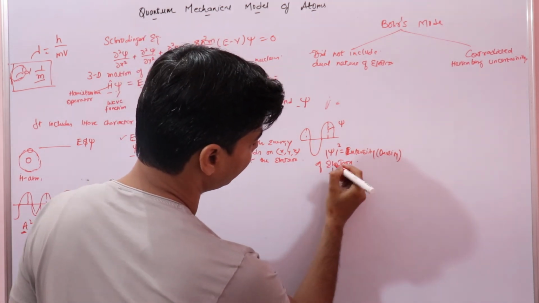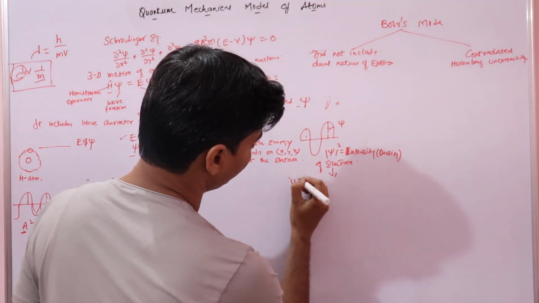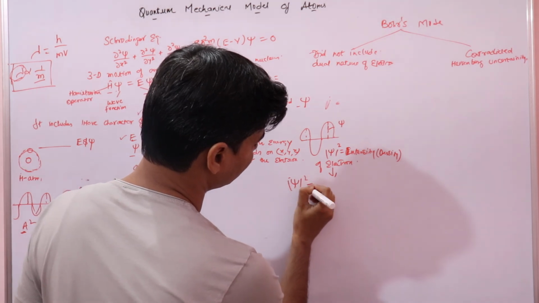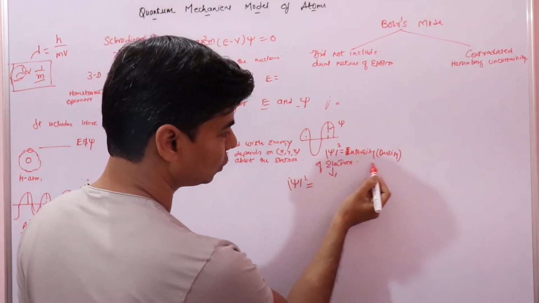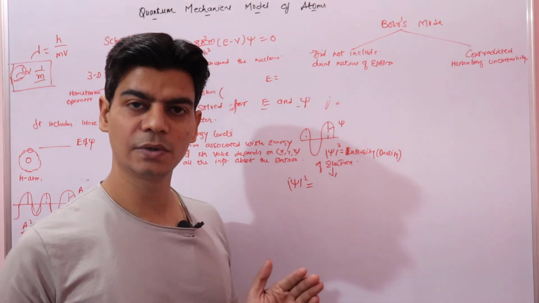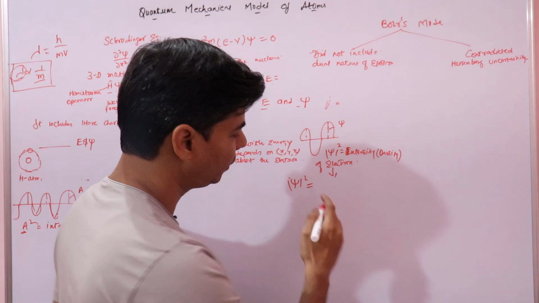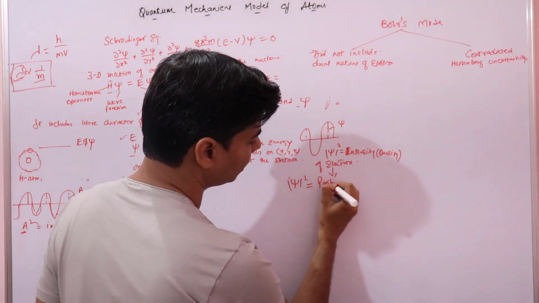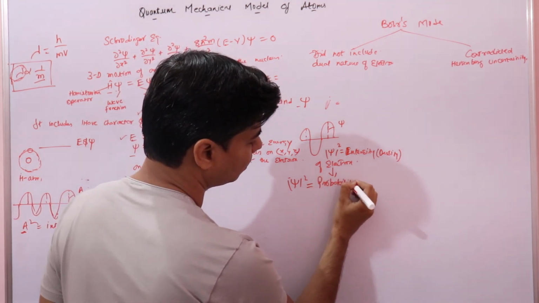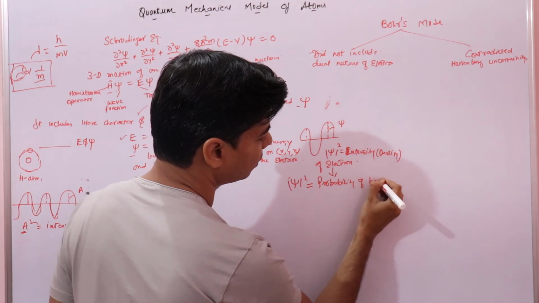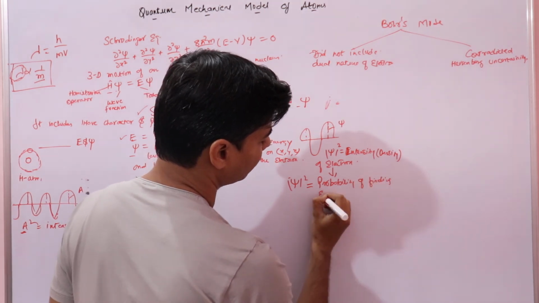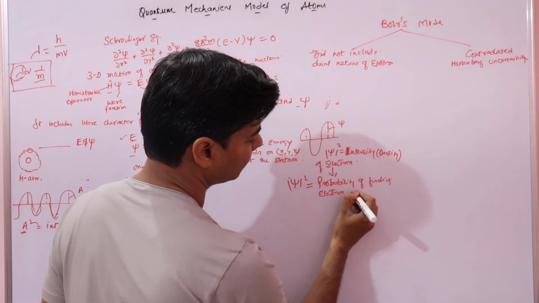So this psi square, in a way, when you talk about the intensity or density of electron at any point of this electron wave, tells you about the probability of finding the electron at that point, right?